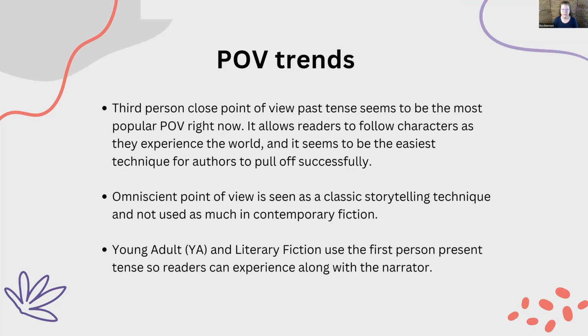Omniscient point of view is seen as a classic storytelling technique, and it's not used as much in contemporary fiction, but it's still here. Young adult and literary fiction use the first person present tense a lot so that readers can experience along with the narrator.